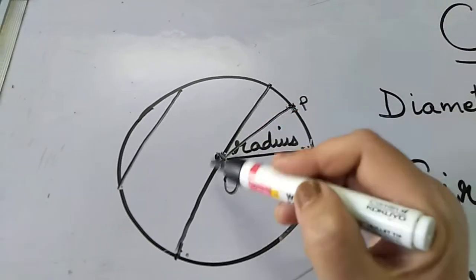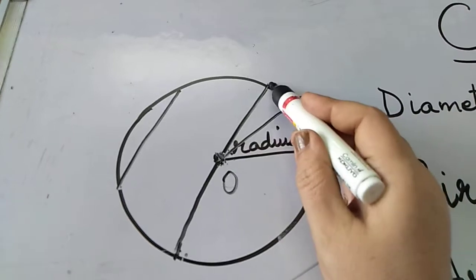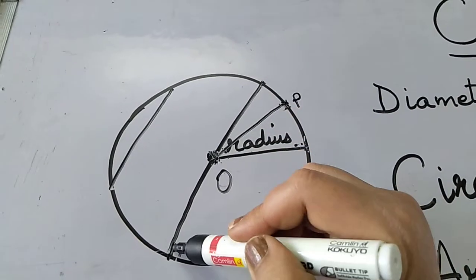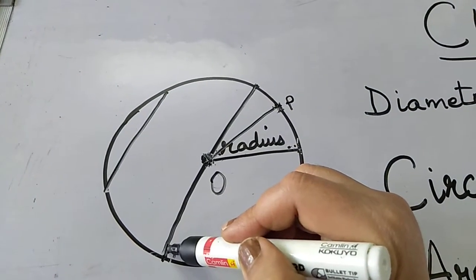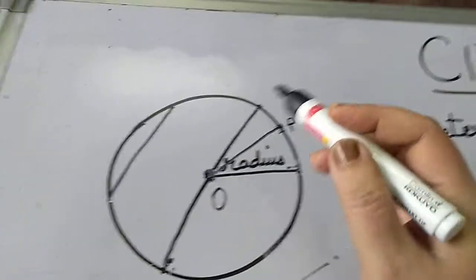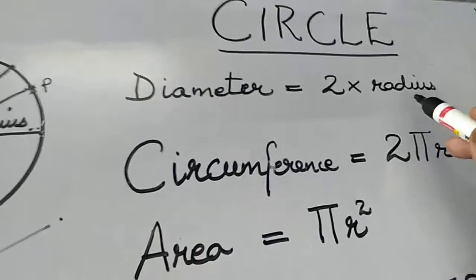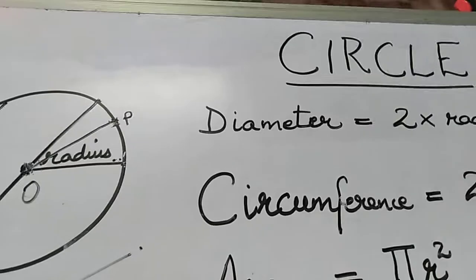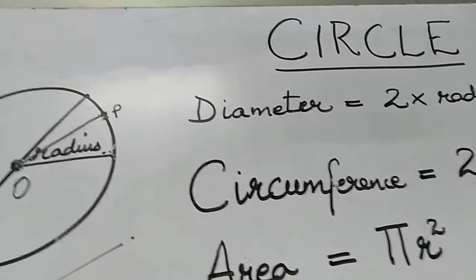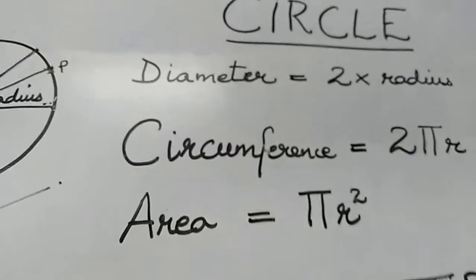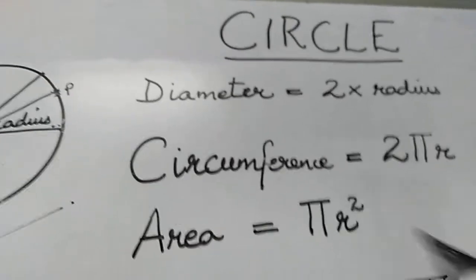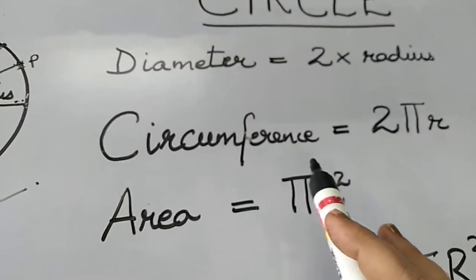Diameter is 2 times the radius. If radius is given, you can find the diameter, and if diameter is given, you can find the radius of a circle.